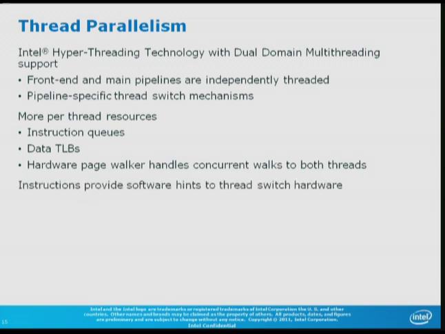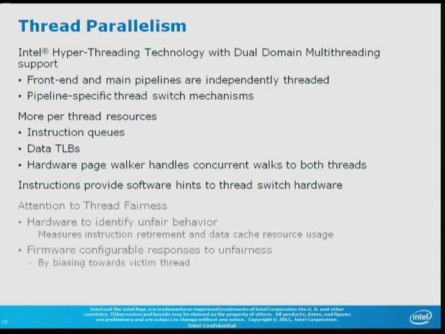As I mentioned, we have instructions to help control our thread switch algorithms. Specifically, those instructions signal the priority that the hardware should attach to the threads. And we spent a lot of attention on thread fairness. So we've added hardware to identify unfair behavior between the threads.